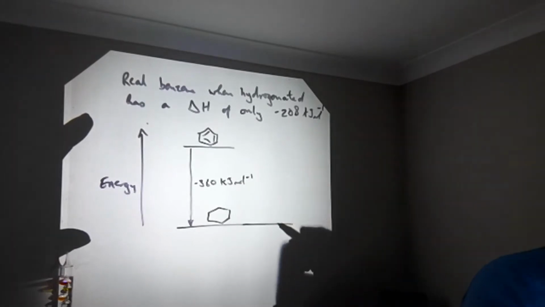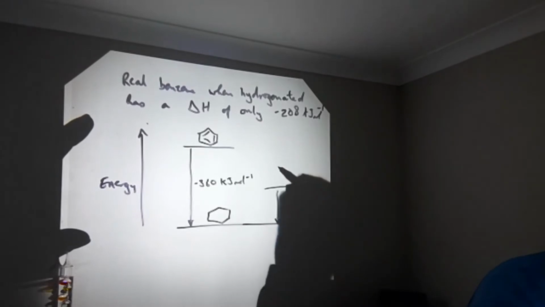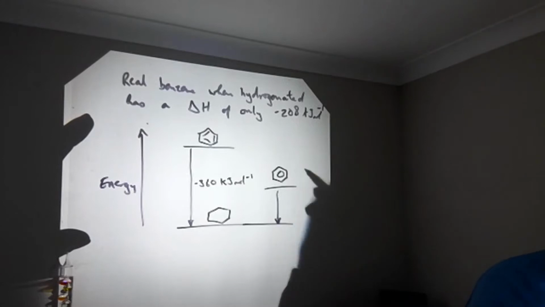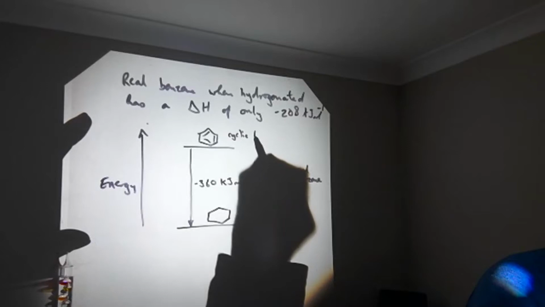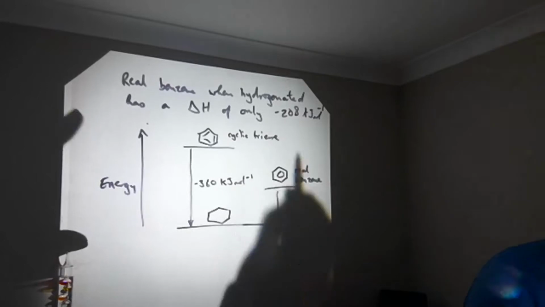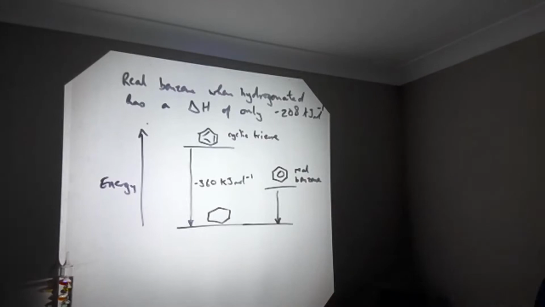But what we actually get is an energy change that is, I'm going to put a circle in there and label that real benzene, whereas that one is just the cyclic triene structure.